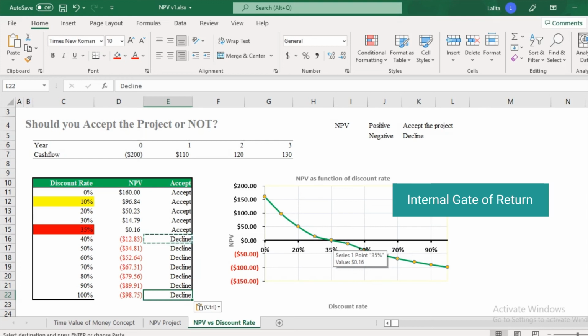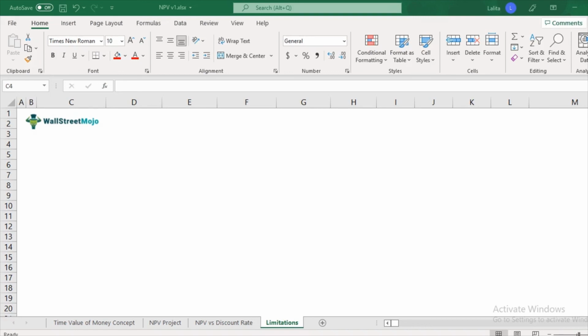We will discuss this in a separate video in much more detail, but if you are curious to know, this is the point at around 35%. The internal rate of return of this project is 35%, and it is the point at which your NPV comes to 0. So finally, let us look at the limitations of NPV.